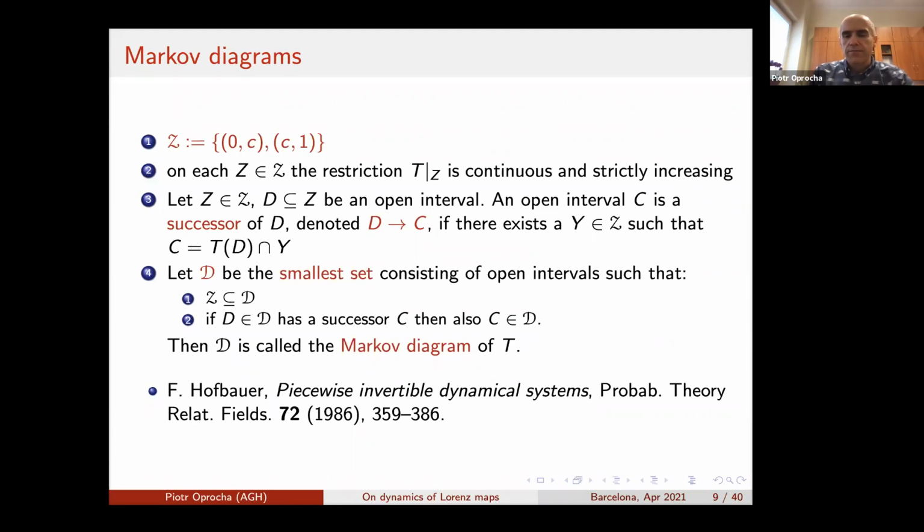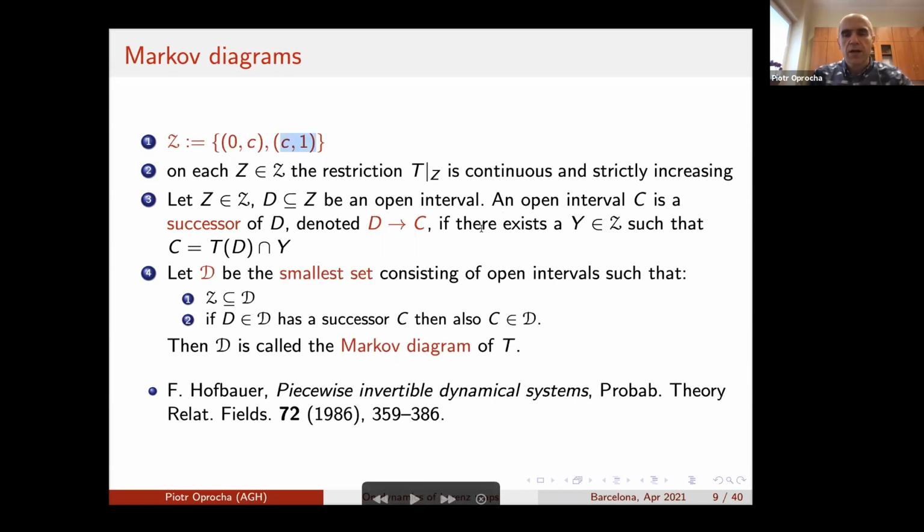At the start we looked at an approach that was proposed by Hofbauer many years ago. He built something similar to symbolic dynamics. He takes the natural partition of this interval, splitting at the critical point, and then he iterates these sets and intersects them, and looks at what sets you obtain.